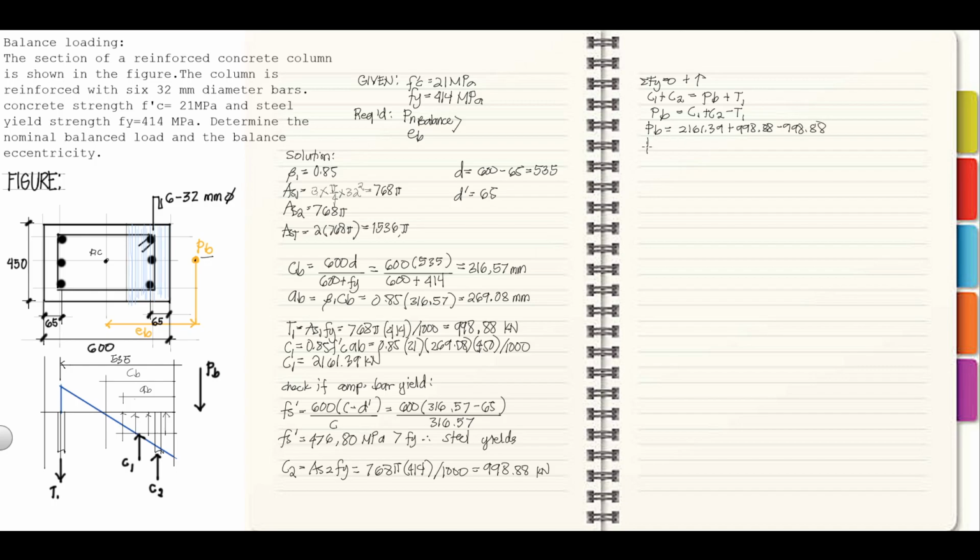Okay, so our PB, the balance loading, will be equal to 2161.39 kilo Newton. Okay, so this is our answer for the balance loading, PB. Alright? So next now, class, is the EB.